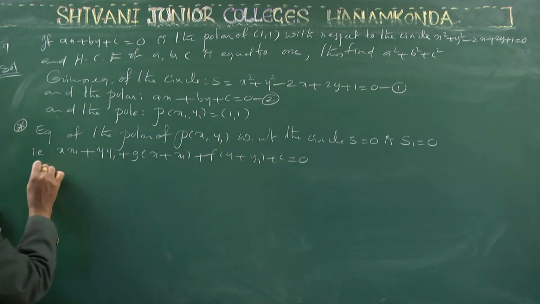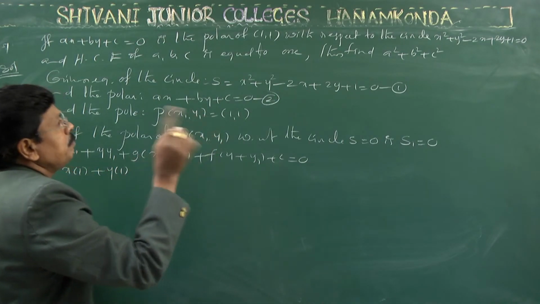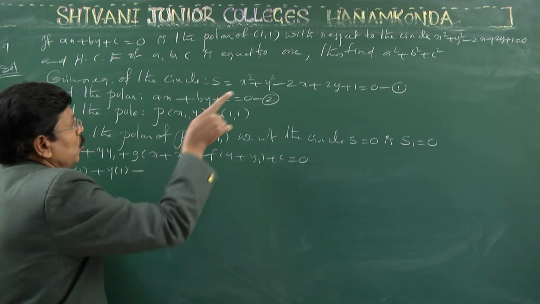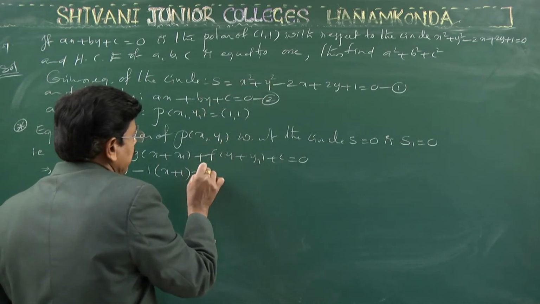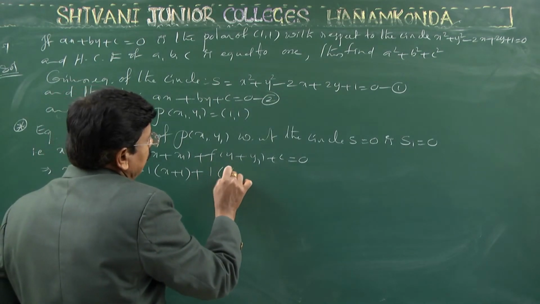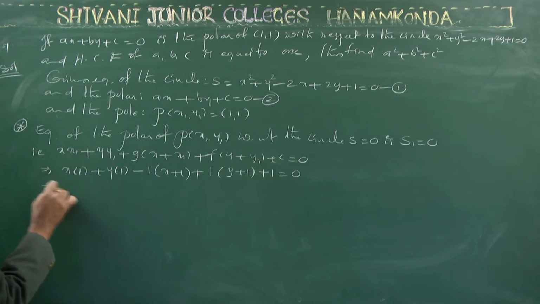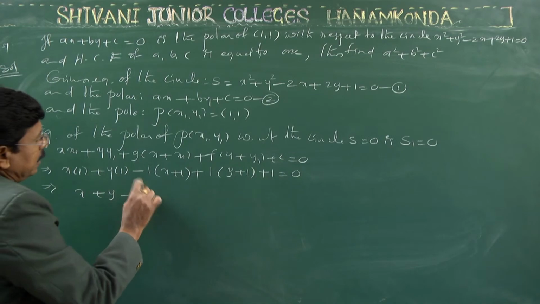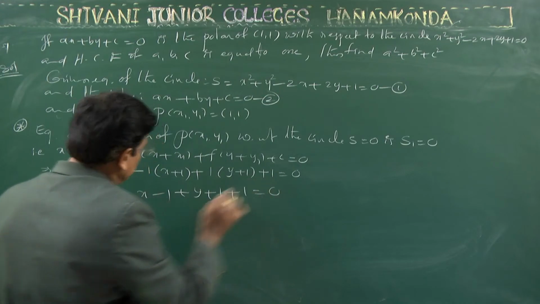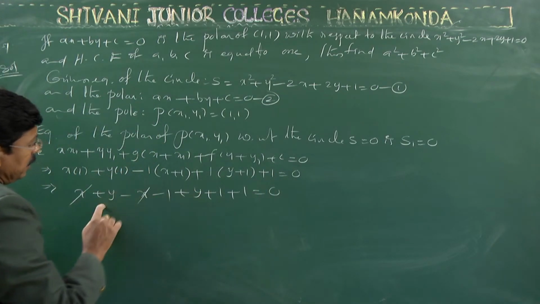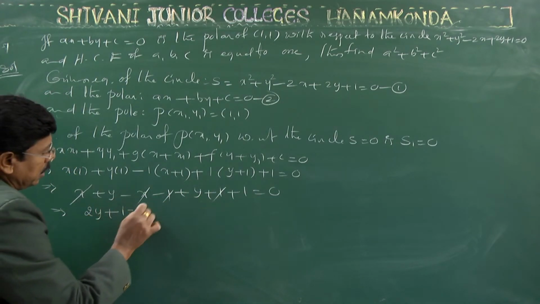In place of x1, 1, y1, 1. What about g? Simply, same sign, minus 2 is there, it's half, 1 half, x plus 1. Plus same sign, 2 is there, half, 1, y plus y1, 1, plus c, constant 1. That's all. Next, x plus y minus x minus y plus y plus 1 equal to 0. x gets cancelled, y plus y1, 1 also gets cancelled. What about 2y plus 1 is equal to 0.